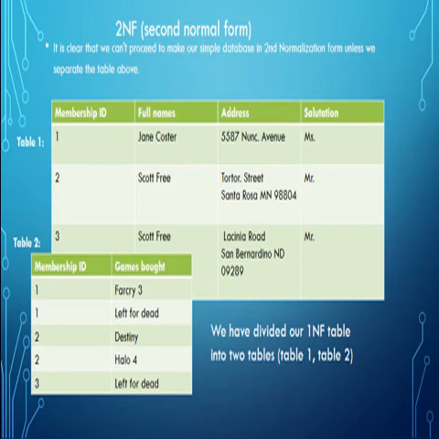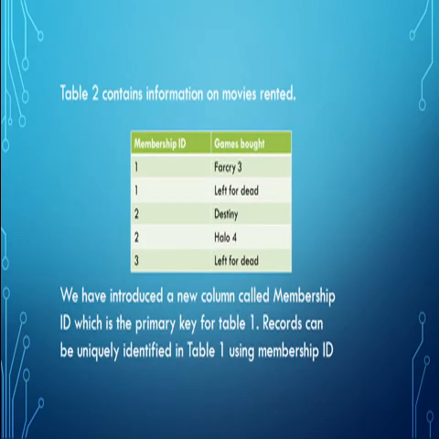Now let's move on to second normal form. It is clear that we can't proceed to make our simple database in second normal form unless we separate the table above. So we divided our table into two, separating them into table 1 and table 2.